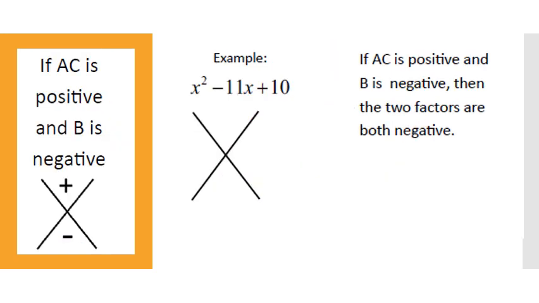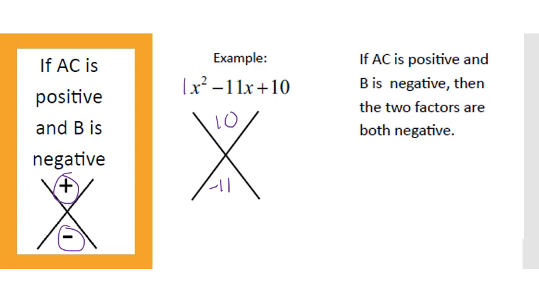The next case happens when a times c is positive, but b is negative. Well, a times c is 10, b is negative 11. If AC is positive and B is negative, then the 2 factors are both negative.